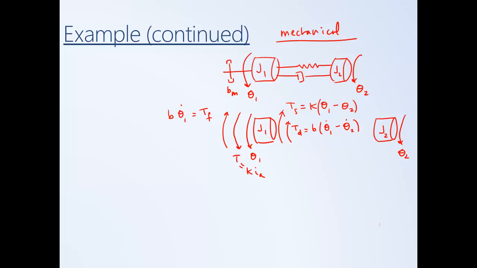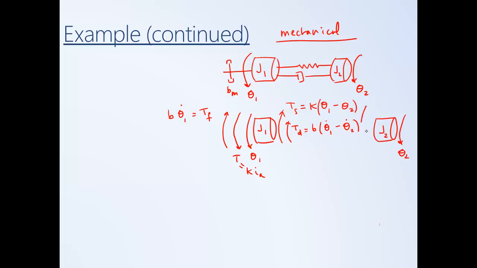The alternative to that is to just draw the torques as being equal and opposite to the torques applied to the other inertia. So you can imagine that if you took this spring and you twisted it, the torque generated on the two ends would be equal and opposite.